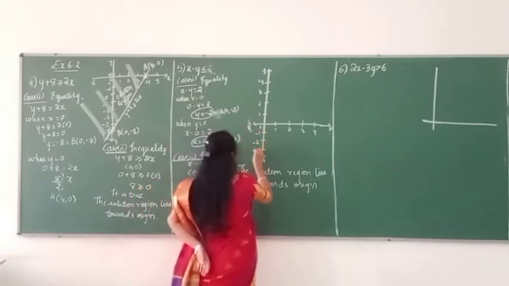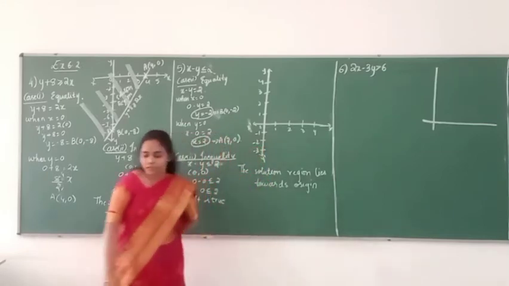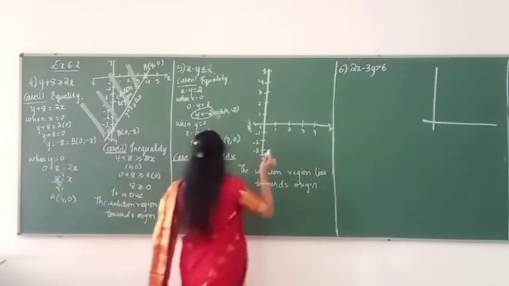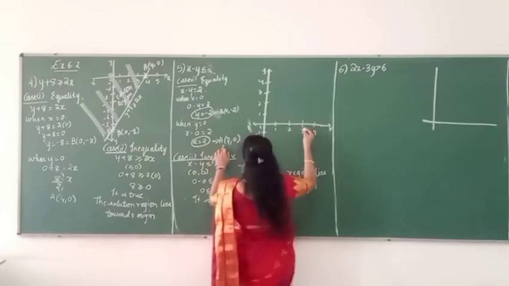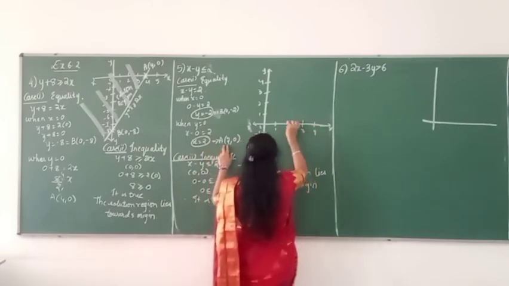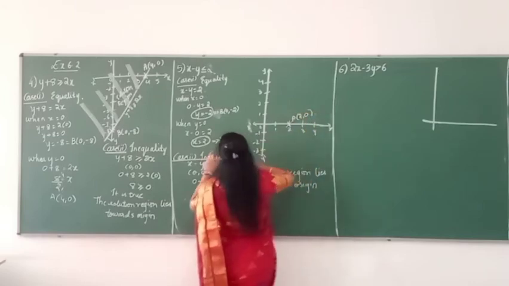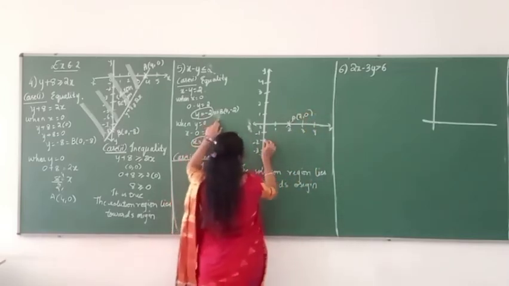So -1, -2, -3, and A is 2 comma 0. Next B is nothing but 0 comma minus 2.